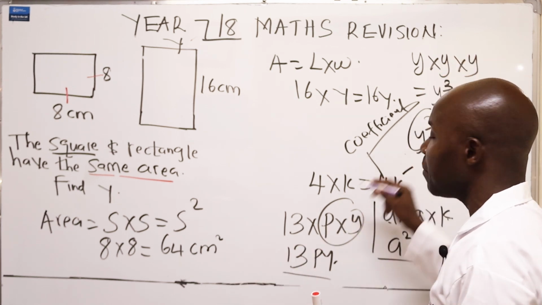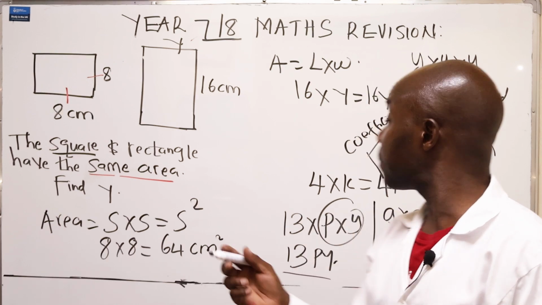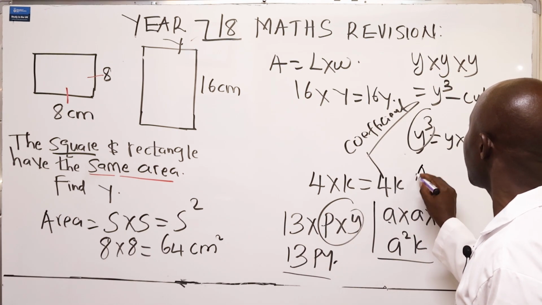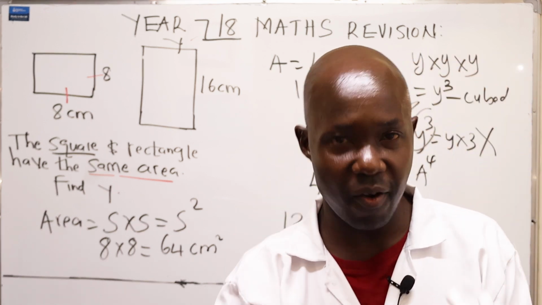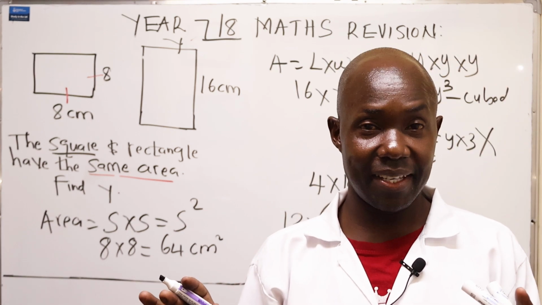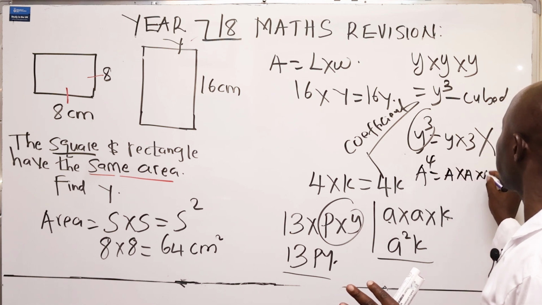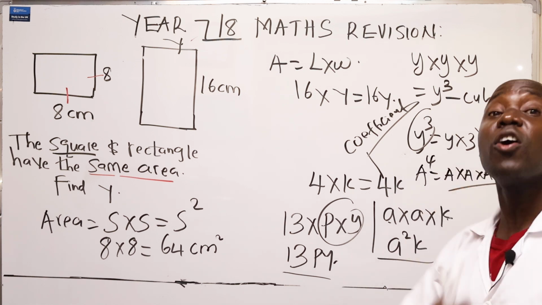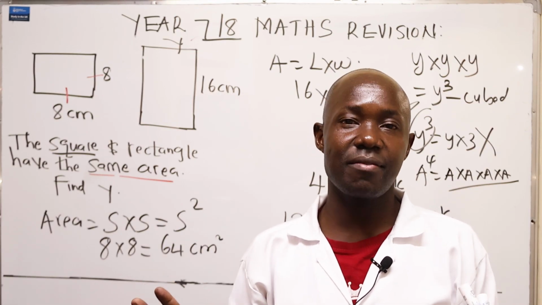Y to the power 3 means y times y times y. The same case is applicable if somebody tells you a to the power 4. It does not mean a times 4. Year 7s and 8s listening to me, you take the a and multiply by a, times a, times a, 4 times. The power tells you the number of times you multiply that variable.